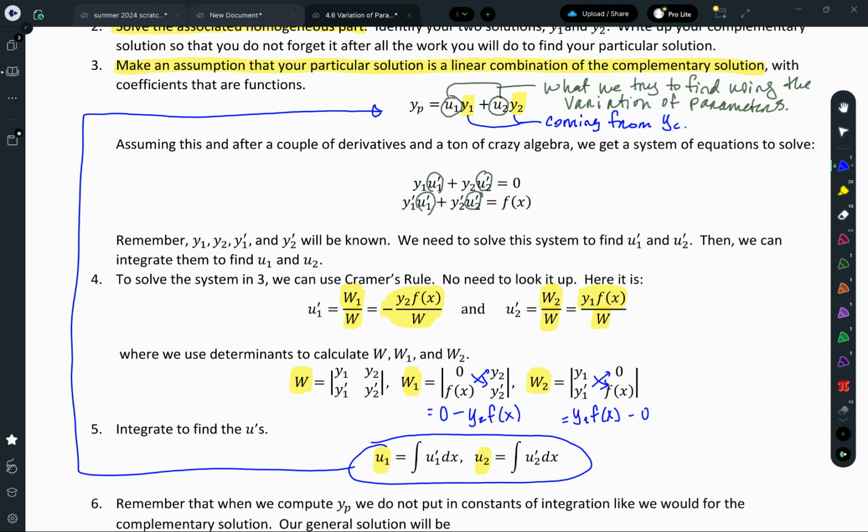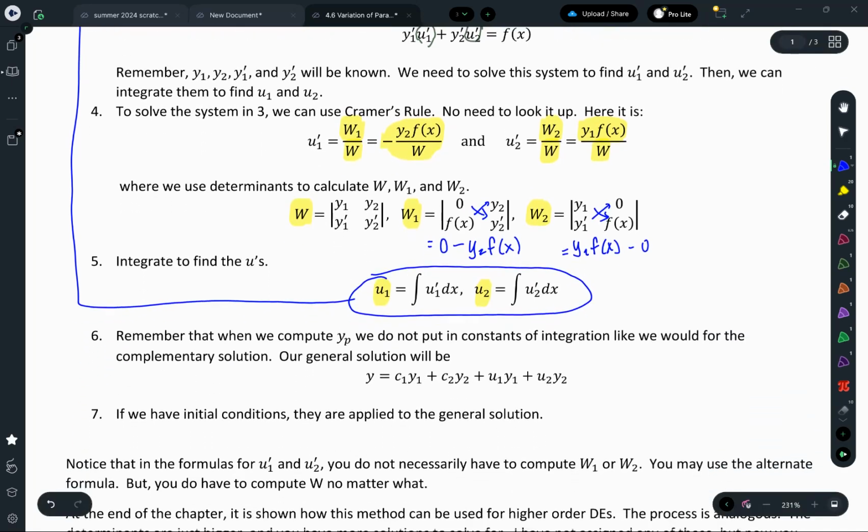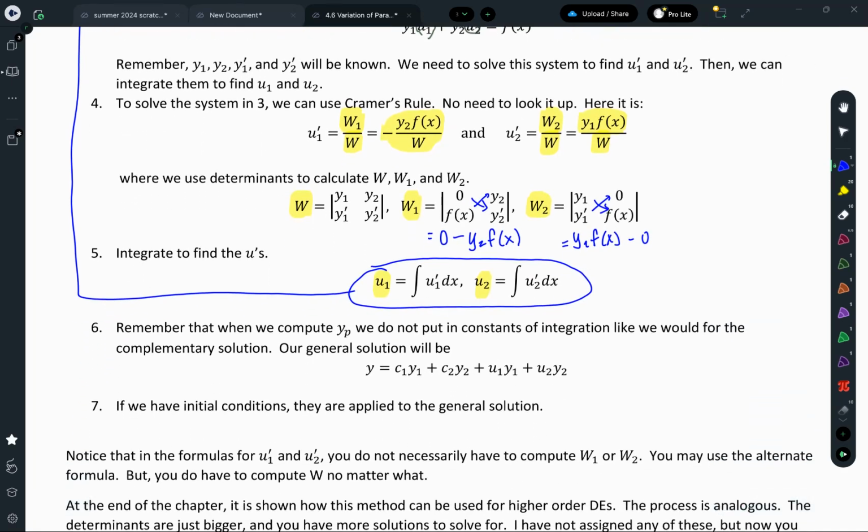Now, remember that when we compute the particular solution, we do not put in constants of integration like we would for the complementary solution, okay? We're not going to put in another c or anything like that. When we use variation of parameters, we get the particular solution with nothing unknown.